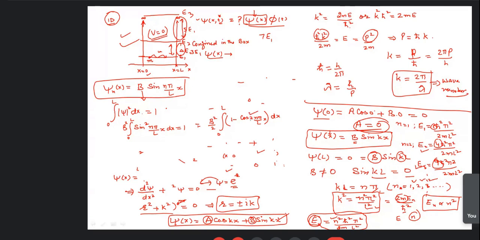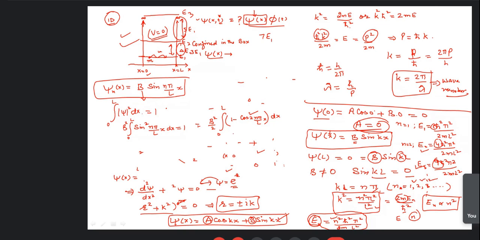The integration of the cosine will give you sine 2 n pi over L x, and when I substitute the lower and upper limits in this function, this will be 0. And we are left with 1, and integration of 1 with respect to x is x.